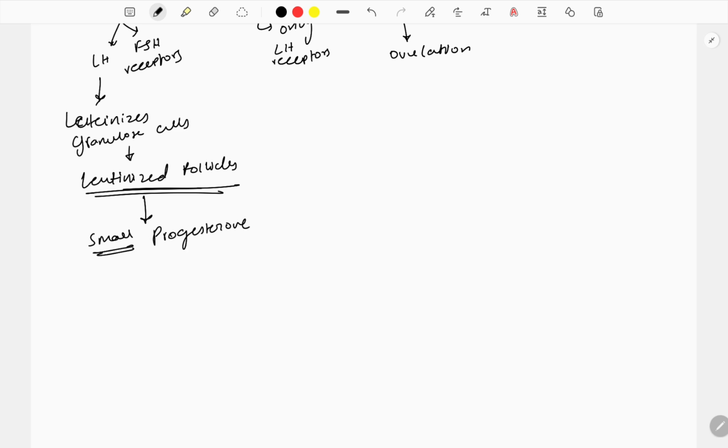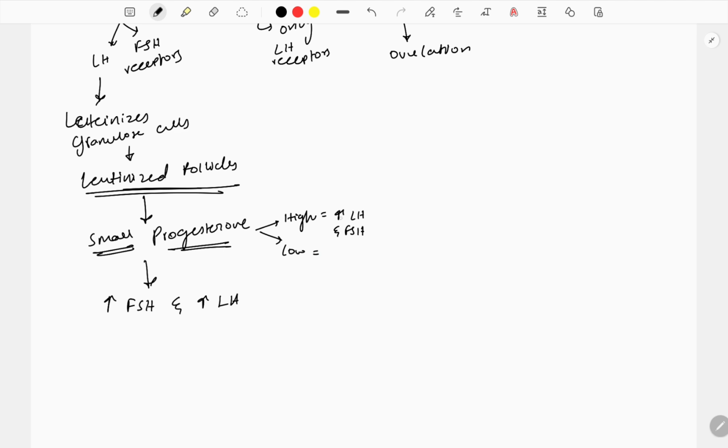This small amount of progesterone will cause an increase in FSH and an increase in LH. This progesterone has a very unique action.